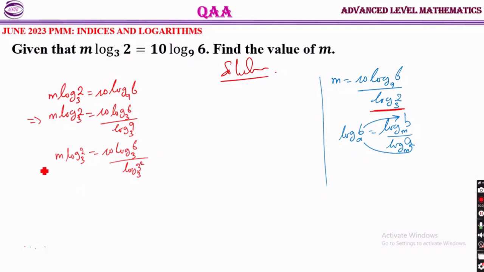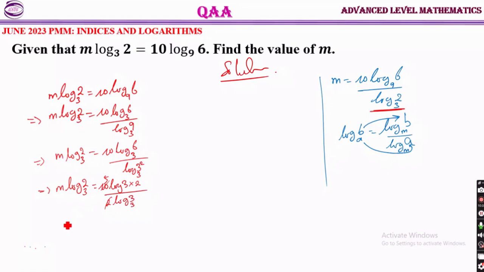So we say this becomes m log to the base 3 of 2 to be equal to 10 log to the base 3 of 6 divided by 2 log to the base 3 of 3. 2 will cancel here, 1 and 2 here, 5. Here we have log to the base 3 of 3, which is 1.